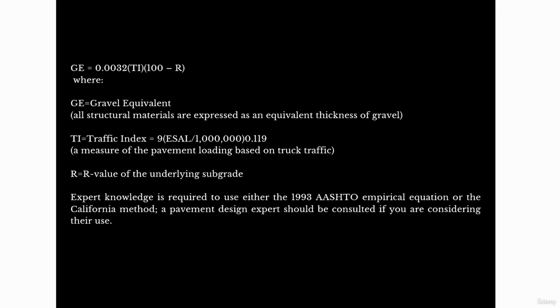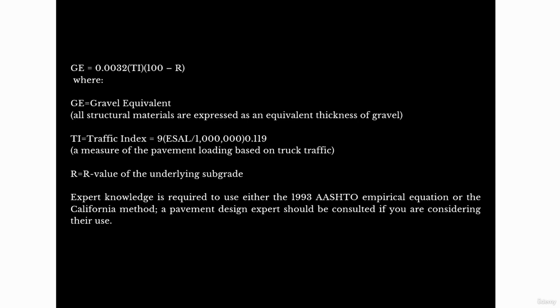When using the 1993 AASHTO guidelines, you have your GE, which is your gravel equivalent. I think we've spoken about that in depth. So this is the equation: it equals 0.032 TI. TI is your traffic index, or your ESAL per 1000, and that's a measurement of the pavement loading based on truck traffic.